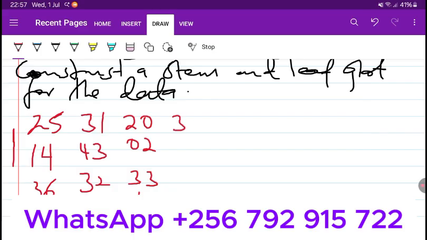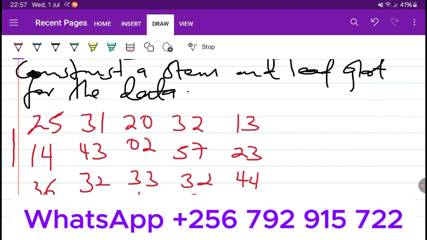The other we have 32, 57, 32, and then 51. And lastly, we have 13, 23, 44, and finally 45. So those are the values that we have, and they want us to use that information to draw what we call a stem and leaf.